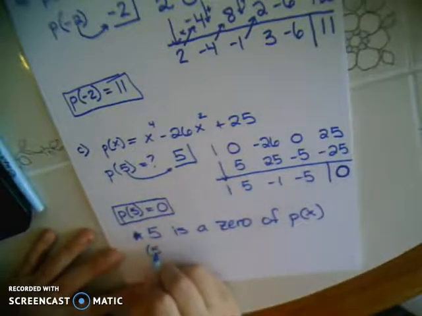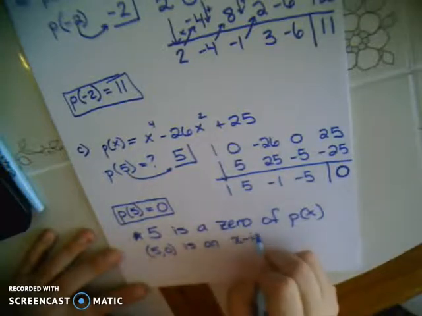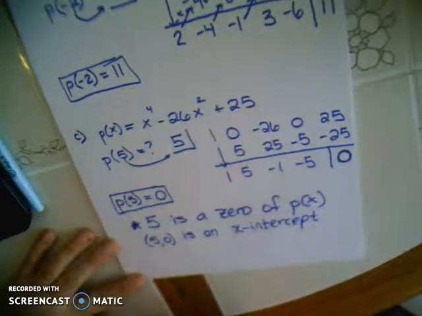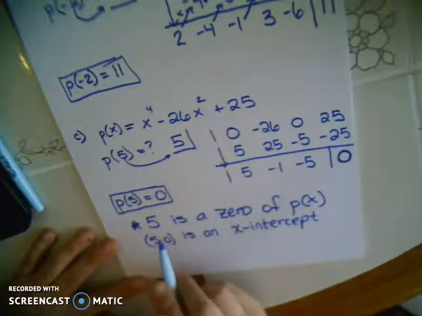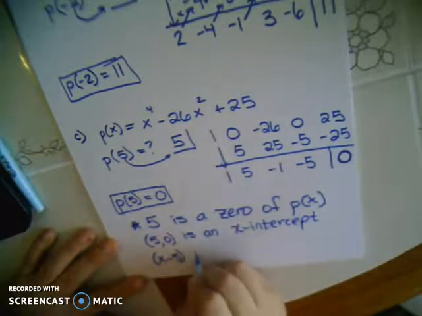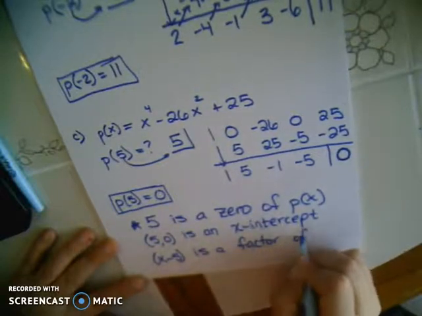That means 5, 0 is an x-intercept for P of x. And we also said a few videos ago, this helps us with factors. That means x minus 5 is a factor of P of x.